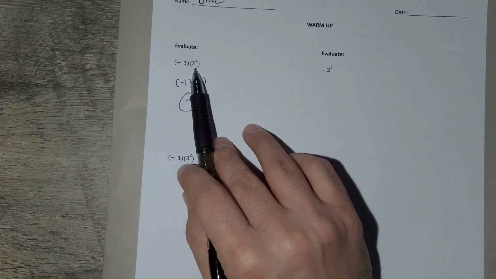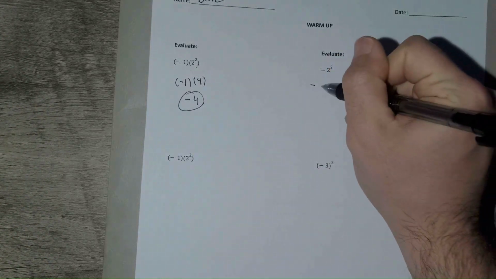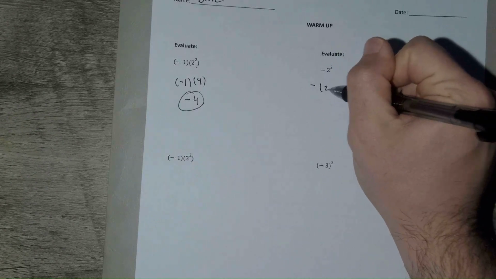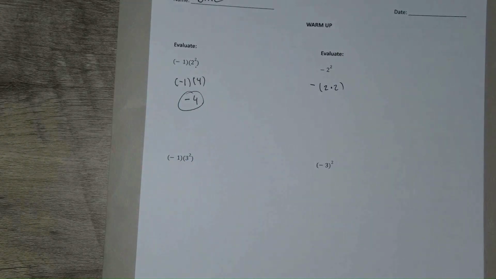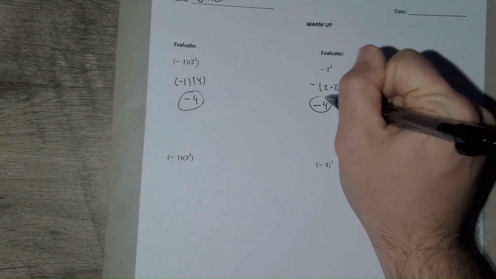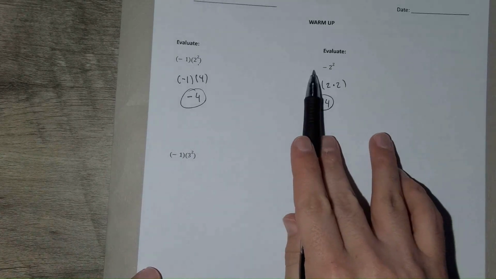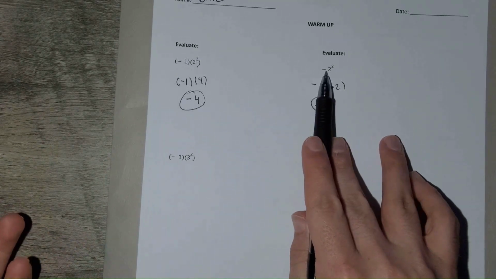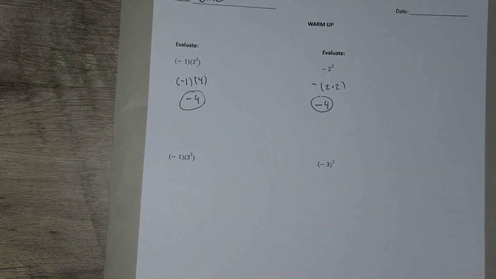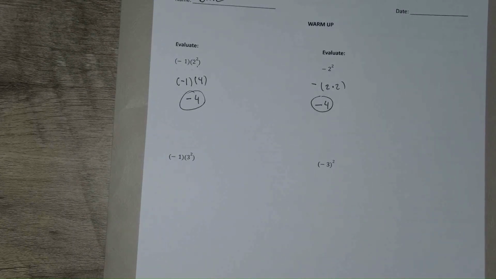And so this is actually just -2 times 2, which is -4. Like, that blows my mind, because you ignore this negative sign and you do 2 to the second power, which is 4, and you get -4.